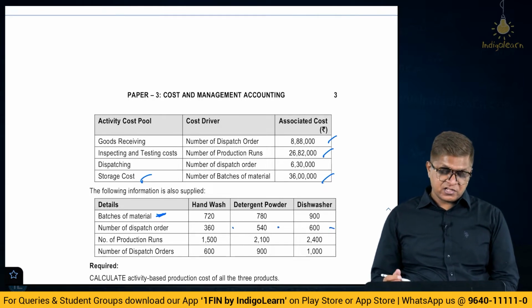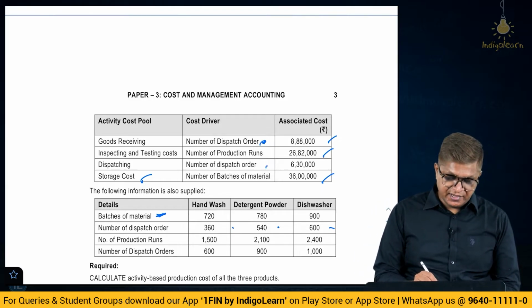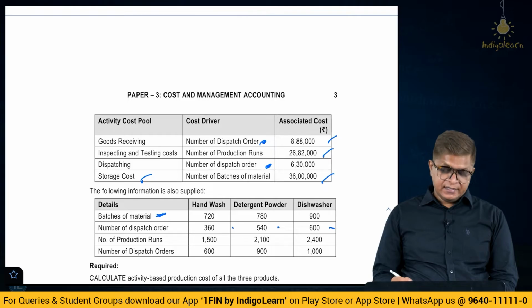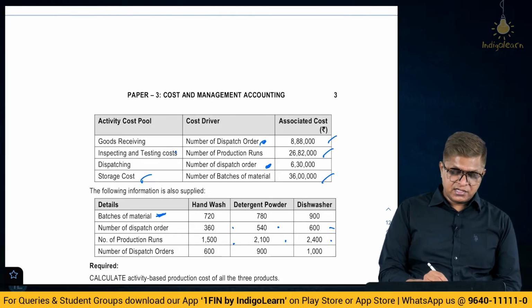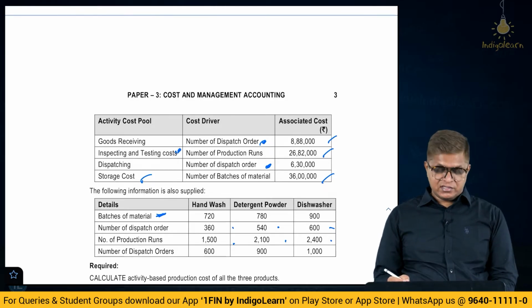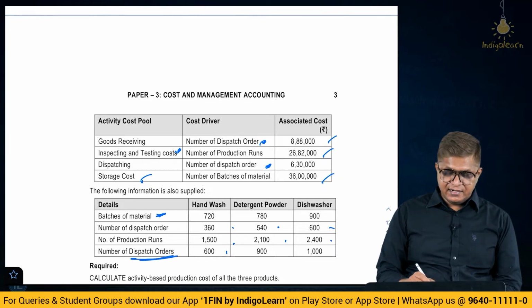So number of dispatch orders is to be used for goods receiving and also for dispatching. Alright. Then number of production runs 1500, 2100 and 2400. This is to be used as a cost driver for inspecting and testing cost. And lastly, they have given number of dispatch orders. Now again it is given number of dispatch orders 600, 900 and 1000.